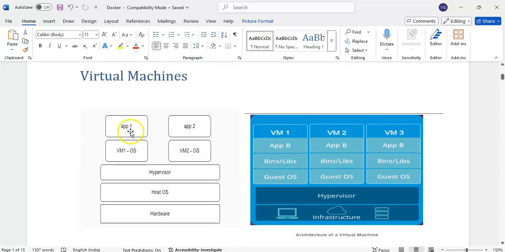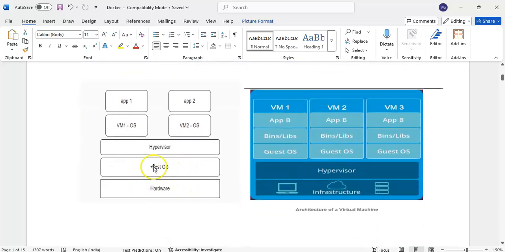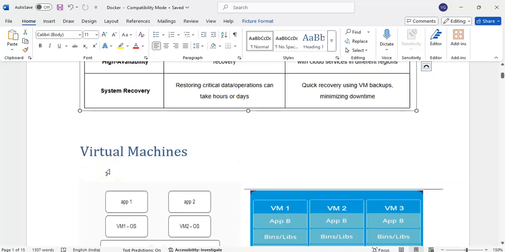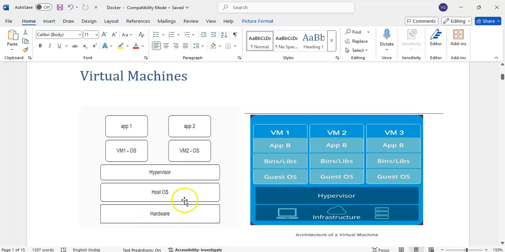A virtual machine setup has hardware, host OS, and a hypervisor. By using hypervisor software, we can create multiple virtual machines on the same machine by sharing its OS and hardware.